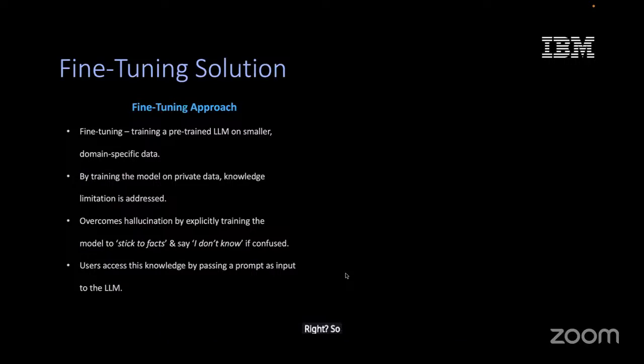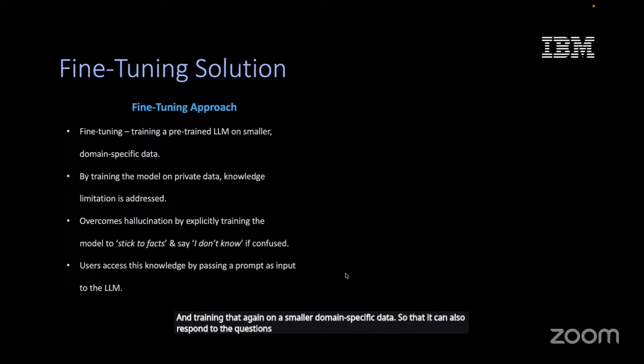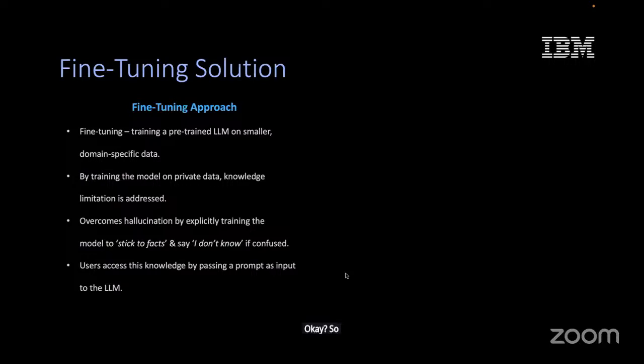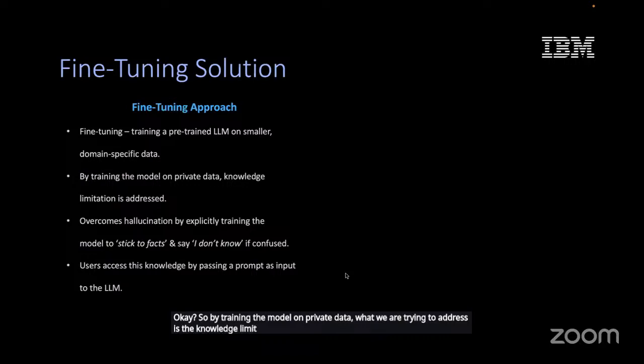So fine tuning is nothing but taking a pre-trained model and training that again on a smaller domain specific data, so that it can also respond to the questions on which it was not previously trained. Okay, so by training the model on private data, what we are trying to address is the knowledge limitation. So earlier it was not trained on IBM specific policies. Now it is being trained.